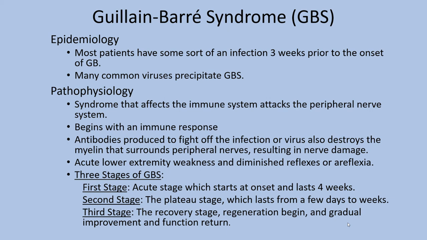In addition to affecting the myelin on the cranial motor nerves, sensory function is also impaired. So it affects quite a bit on the nerve. The patient's immune system also produces antibodies in response to fight the viral or bacterial illness. These antibodies also attack the myelin of the peripheral nerves.